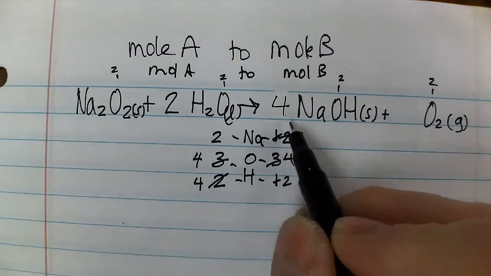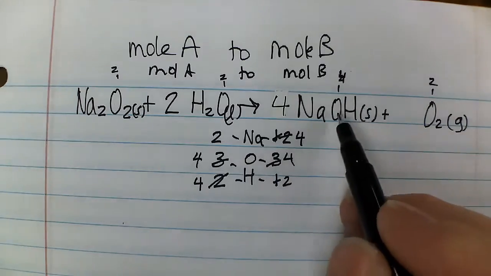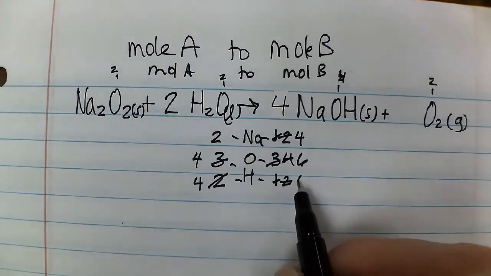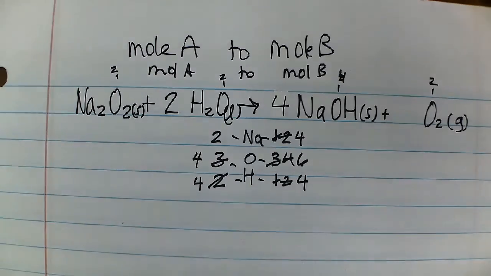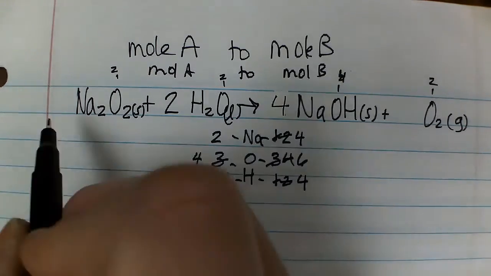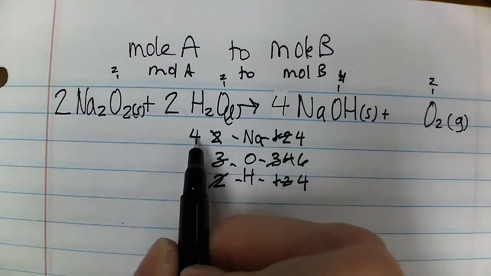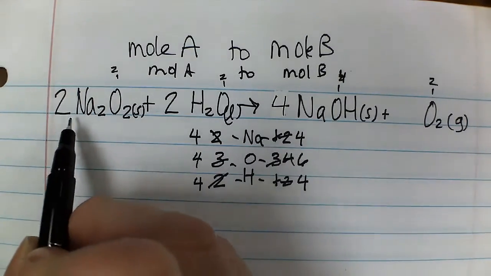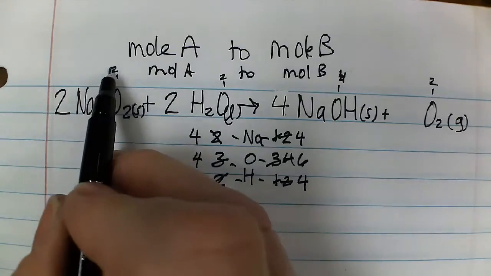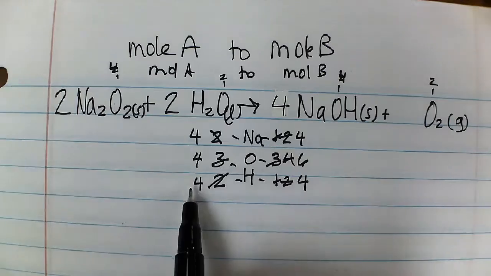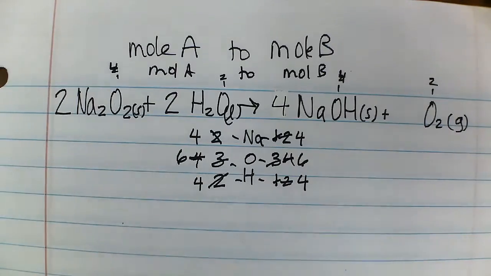So now I have 4 Na, 4 plus 2, 6 oxygen, and 4 hydrogen. So now I need to go over here and put a 2, which changes my Na to 4 because 2 times 2 is 4. So then I also have 4 oxygen plus the 2 oxygen that are here. So now I have 6. So this equation is now balanced.